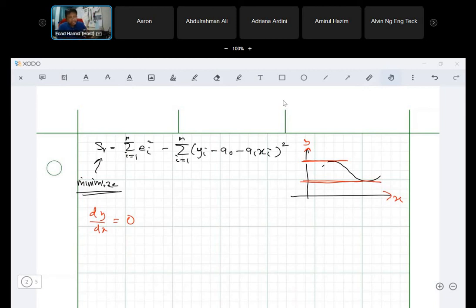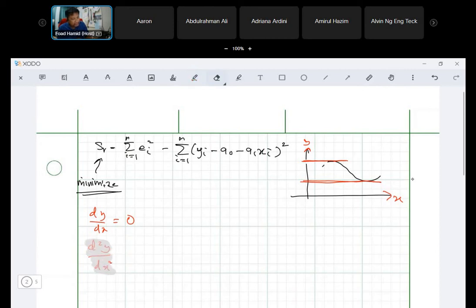We can see physically that the slope is 0, and for a maximum point the curve is going downward, which means something negative. In terms of mathematics, it is your d square y dx square.